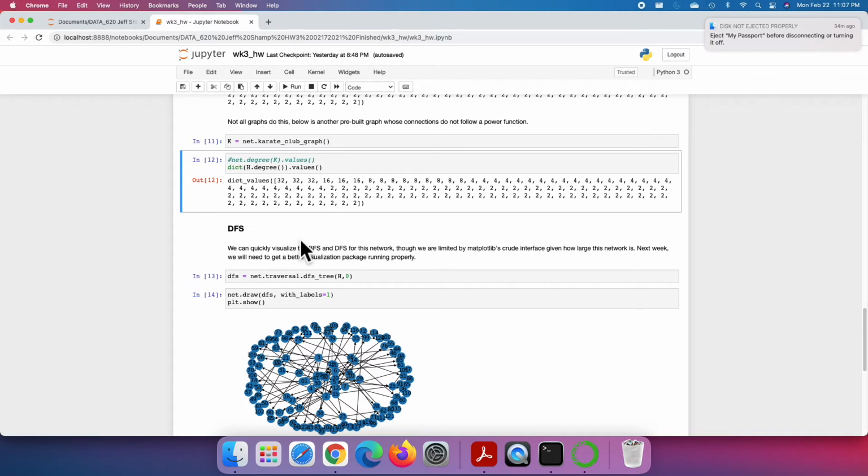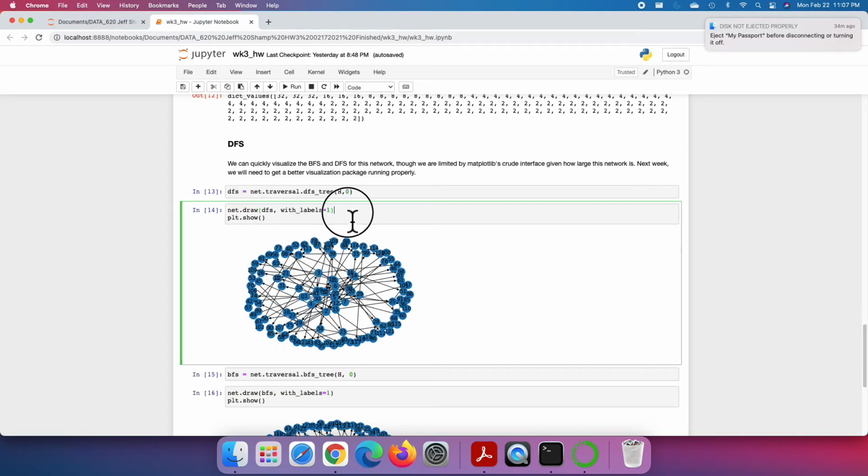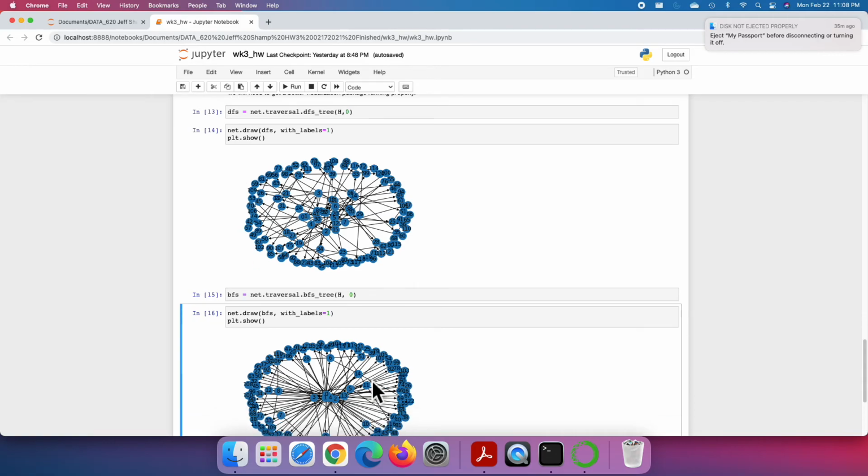This DFS is the depth first search algorithm, so its default is shown here, and then the second, the BFS, which is the second algorithm. It's a breadth first search algorithm with the tree shown here.